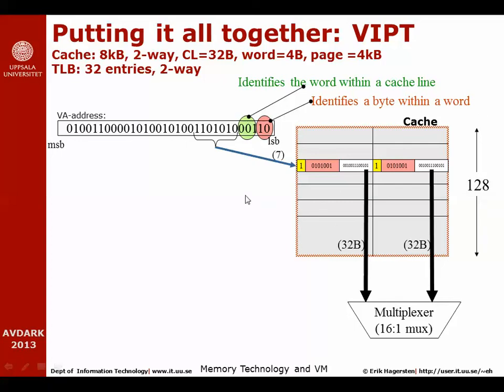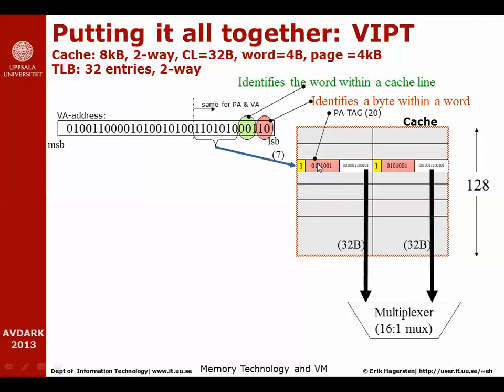It's interesting to note now that these are exactly the 12 bits that don't change when we go from a virtual address to a physical address, given that the page size is 4 kilobytes. And this is not just pure luck, it's really by design. This is something that has to hold for the VIPT cache to work.